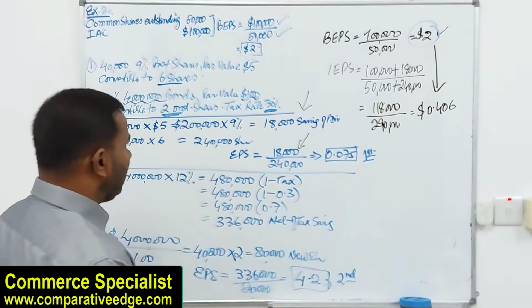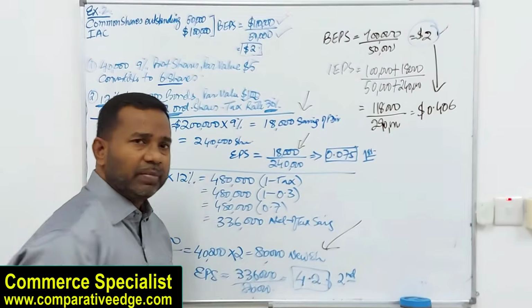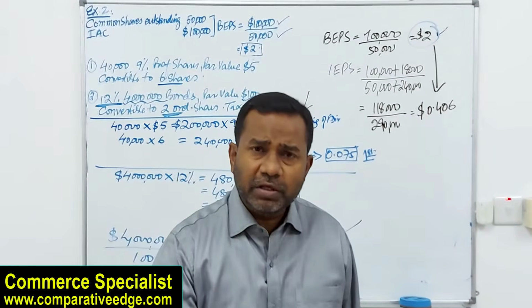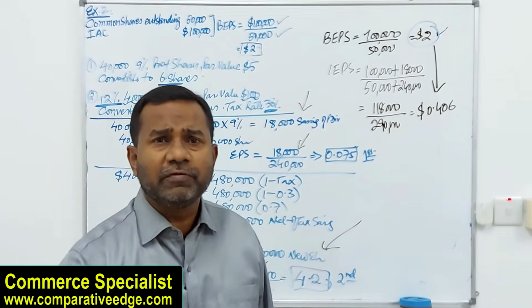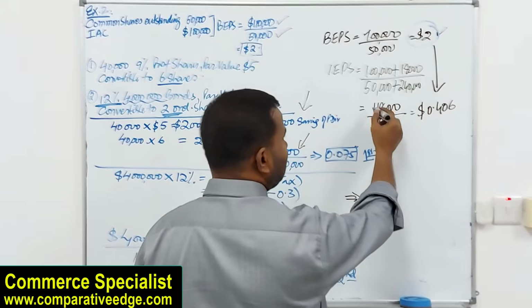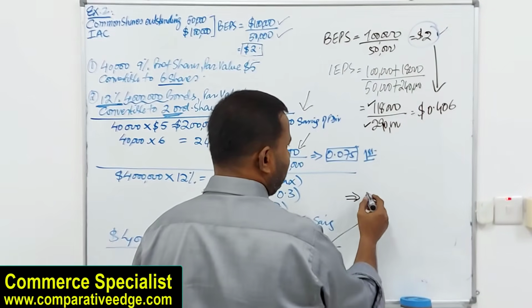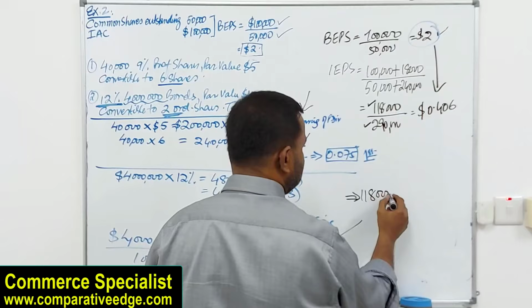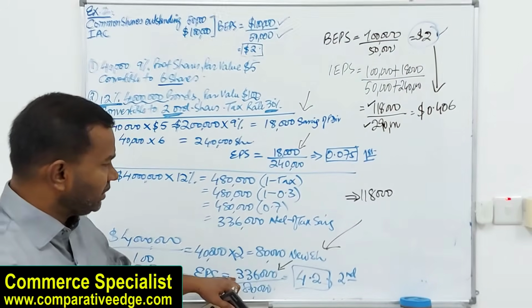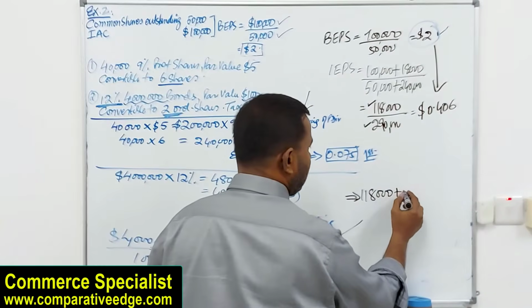Now we need to have a look at the effect of bonds. What if bonds convert? Will the EPS go down further, or will it become anti-dilutive, meaning it will increase? So let's have a look at this. I'm taking the numerator and denominator same, 118, but I will add the savings as a result of bond conversion, which is 336,000. So that is added to the numerator.